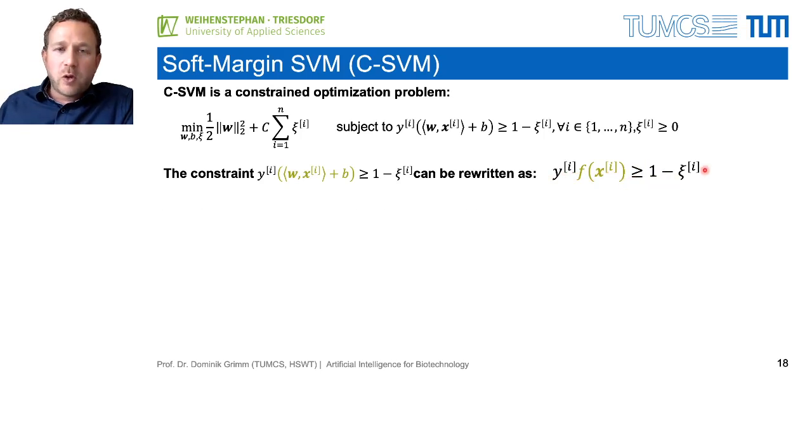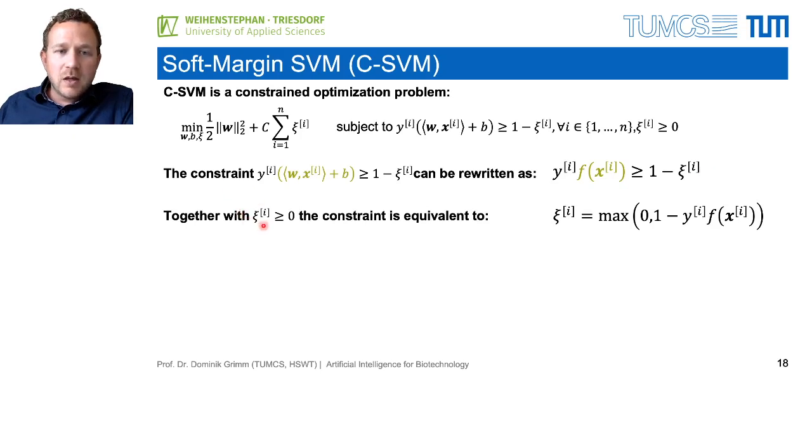We know from before that xi has to be greater or equal to 0. And that means that the constraint is nothing else than, if we solve for xi, xi is the maximum of 0, because it's not allowed to get smaller than 0, or 1 minus this equation here. So we can now express xi as this formula.